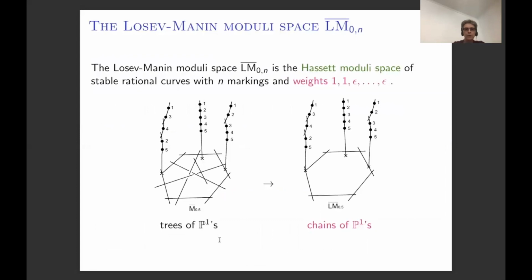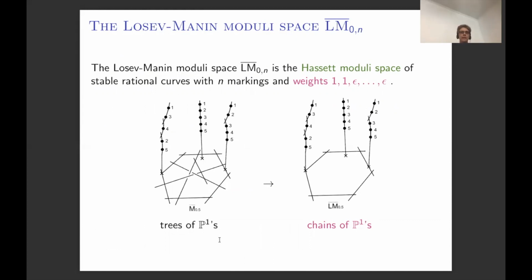Another way to think about the Losev-Manin moduli space is as a functorial compactification of the configuration space. It's in fact a particular case of a Hassett moduli space. All Hassett moduli spaces are functorial compactifications of the configuration space.